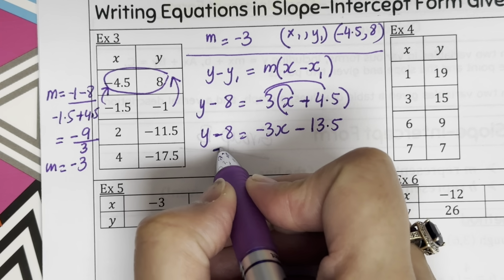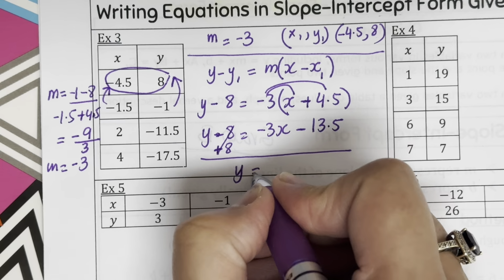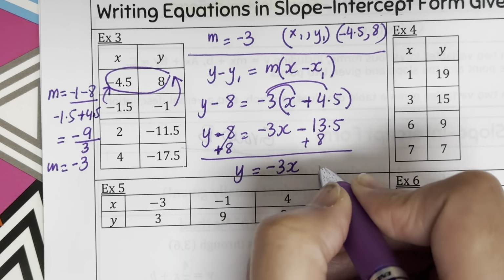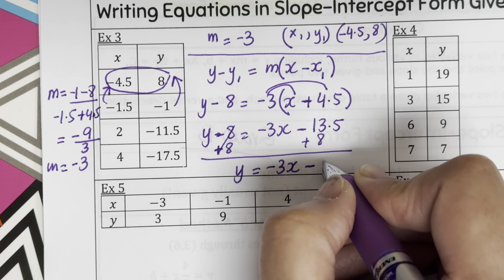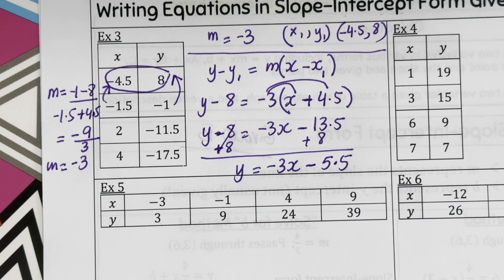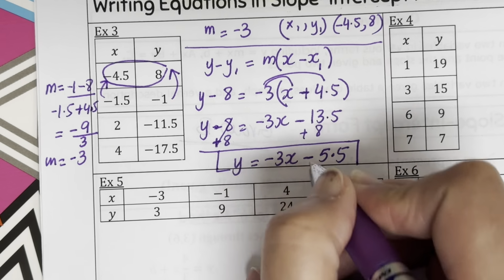This time I have to add 8 to make it 0 on both hand sides. So I'm left with negative 3x minus 5.5. Yes, 5.5. So the slope is, well, not the slope, the whole equation is y equals negative 3x minus 5.5. This is my equation written in slope-intercept form.